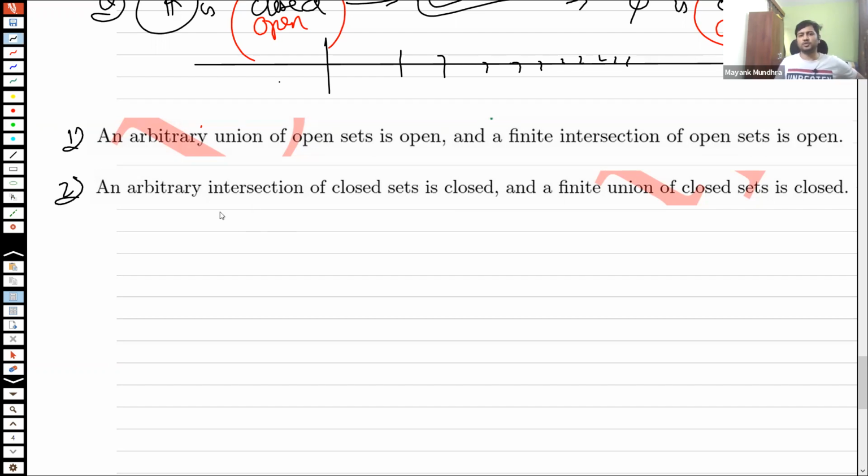This is proposition 2. So what's happening is union becomes intersection, open becomes closed. And intersection becomes union, open becomes closed.